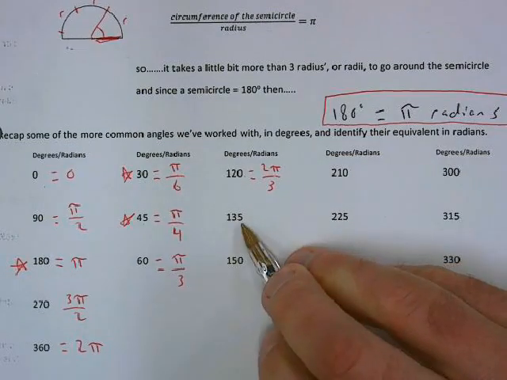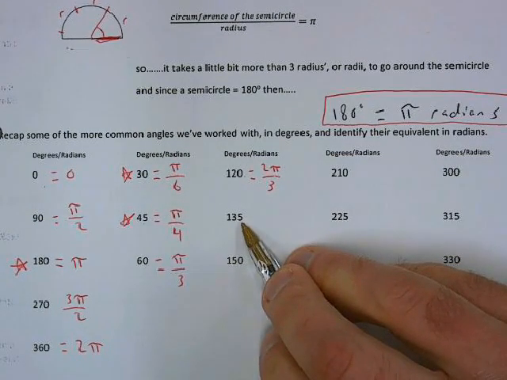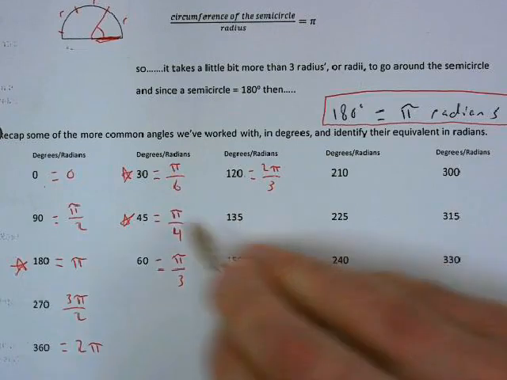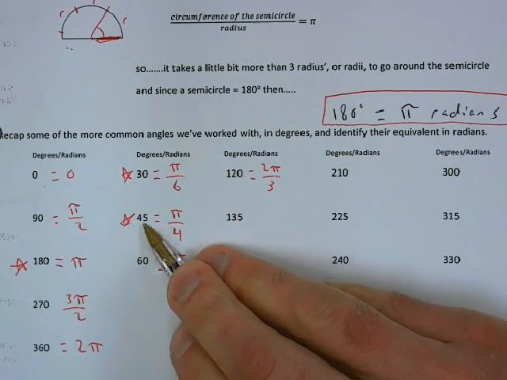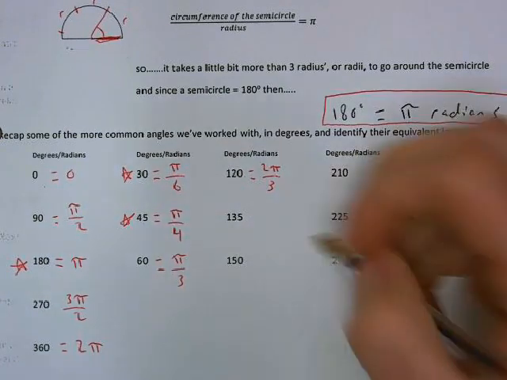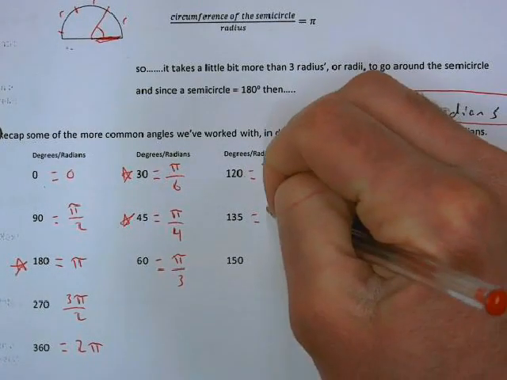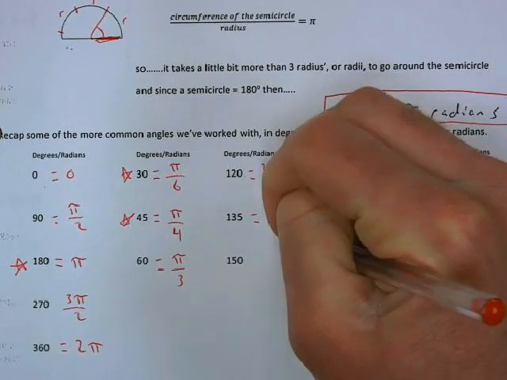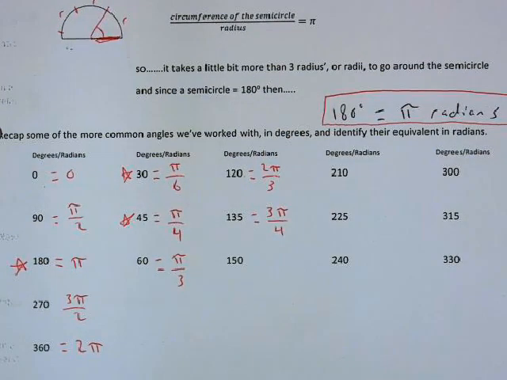Okay, next, 135. That's maybe a little bit trickier, but let's see, 135, well, that's just a multiple of 45. 45 times 3 gives me 135. So then 3 times pi over 4 would give me my answer in radians, which would be 3 pi over 4. Okay, so that's my answer in radians.